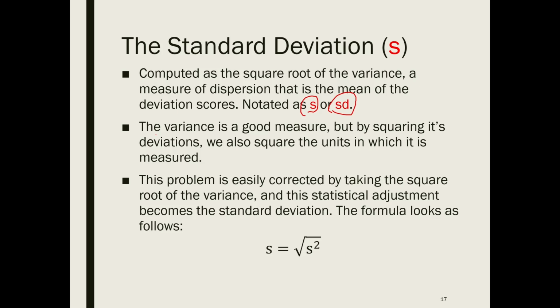Like the PowerPoint says, the variance is a good measure, but by squaring the deviations, we also square the unit in which it is measured. So it's a little bit hard to explain. How to correct this is quite simple. We take the square root. Since we squared everything in our calculation of deviations, if we take the square root, we solve the problem, and we can easily interpret the standard deviation.